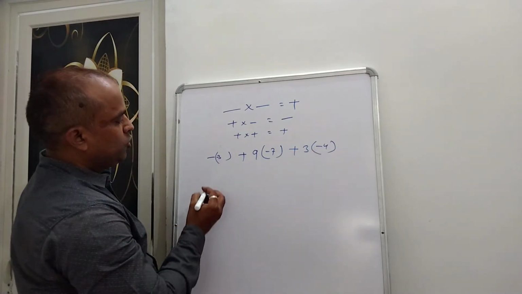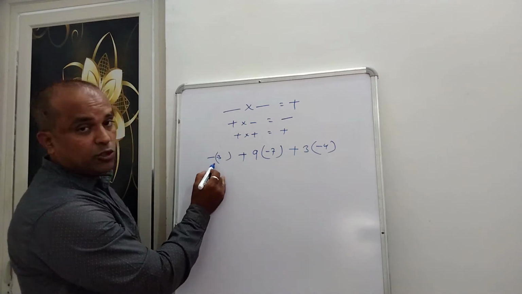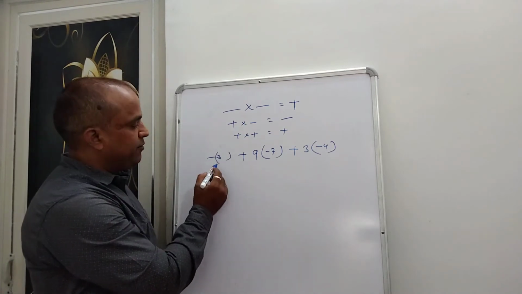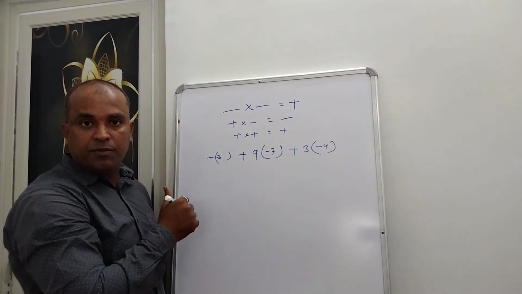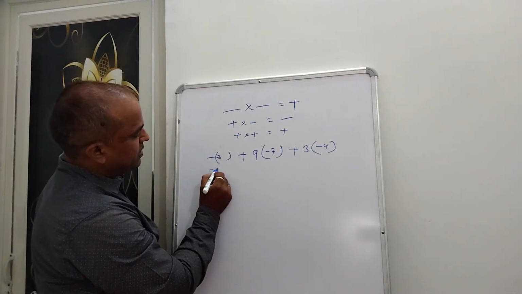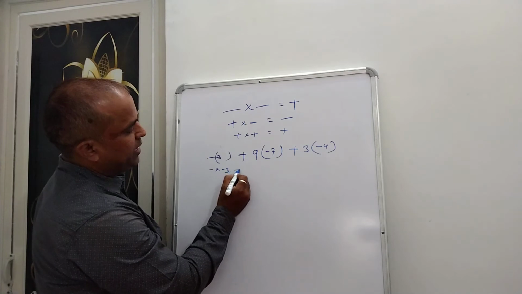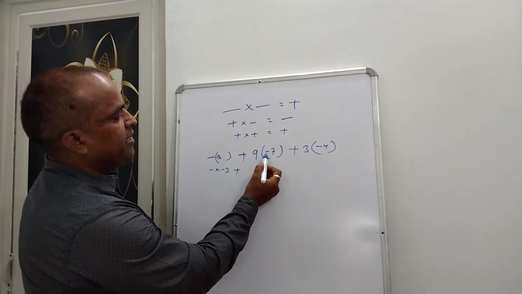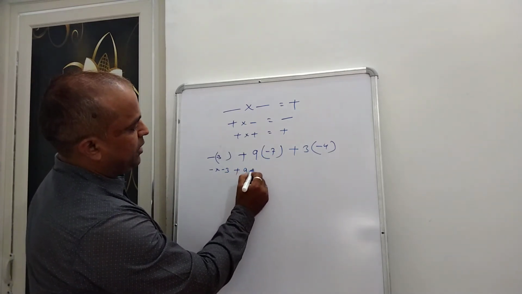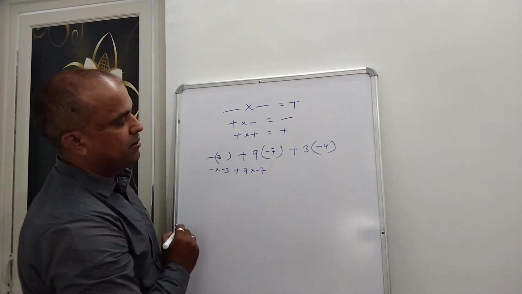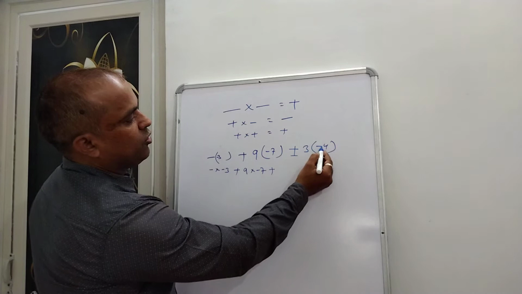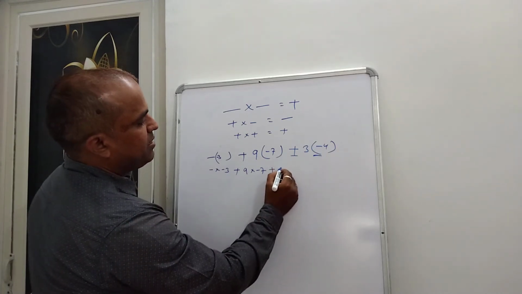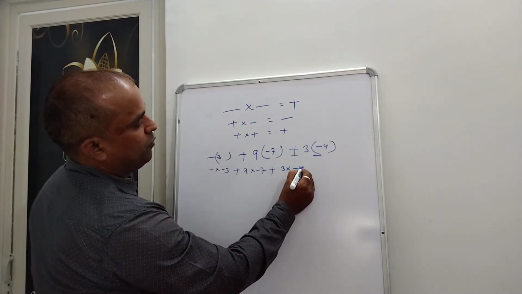When you open the bracket, that will be a multiply sign. So minus into minus 3, you can write plus 9, then 9 into minus 7, then plus 3 into minus 4.